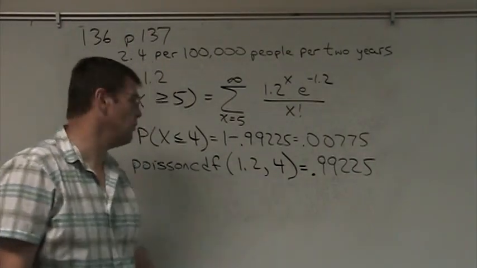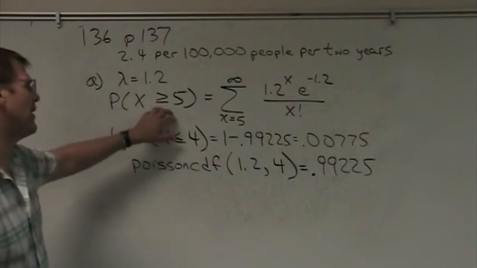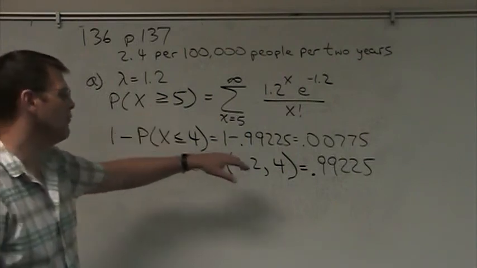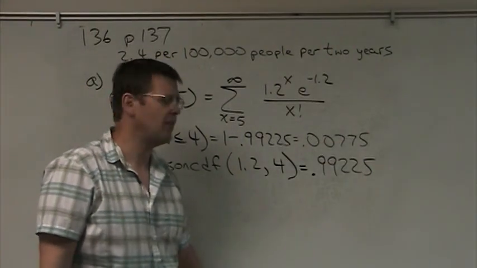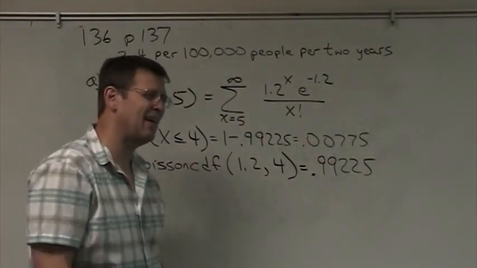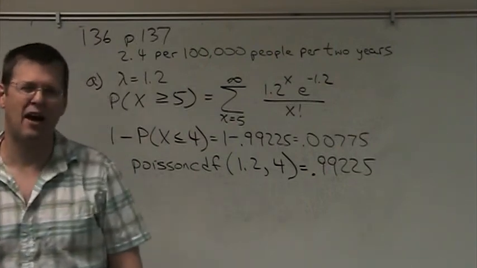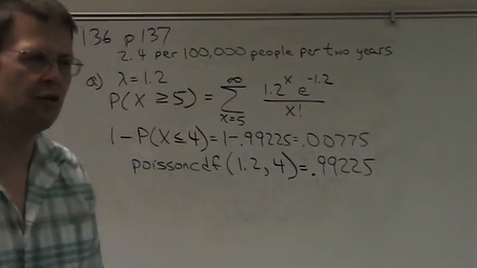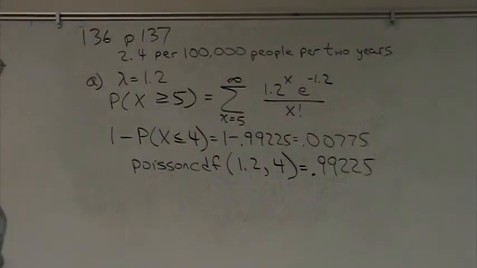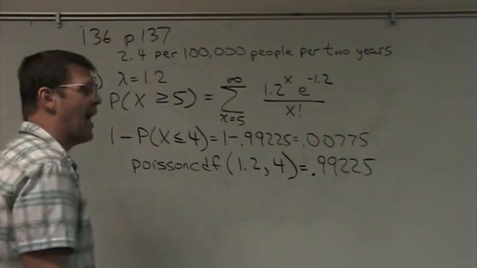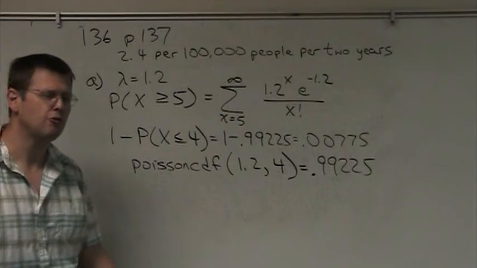So basically what this is saying is that we only expect to see this happen, if we think about this as 0.008, basically 8 years out of every 1,000 years, or once in every 125 years. Does that mean it can happen without the rate increasing? Sure it does.